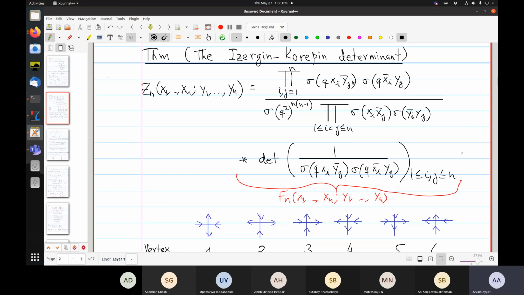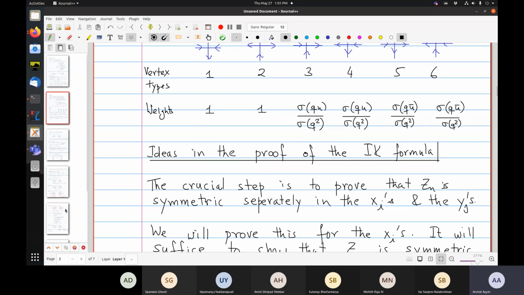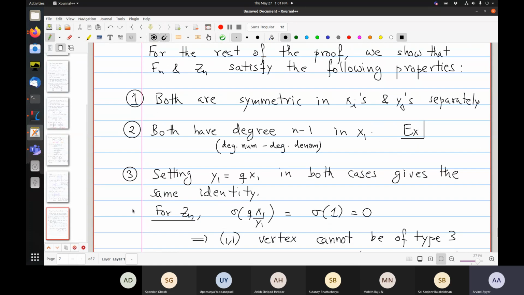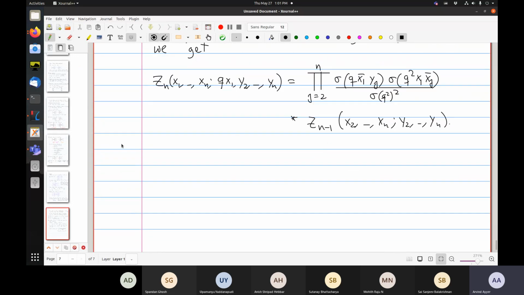So what you have to do is multiply out by this corresponding factor here, make this a 1, kill all the terms in the first row of the determinant, then do the setting, then expand the determinant, etc. And this is not too difficult. One can show that Fn satisfies the same identity. There are some miraculous cancellations which will lead you to the same identity, which I label as an exercise.